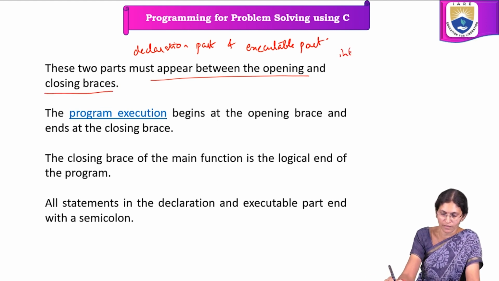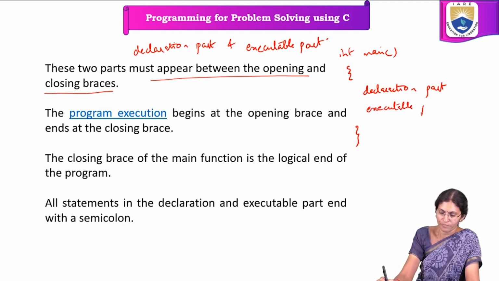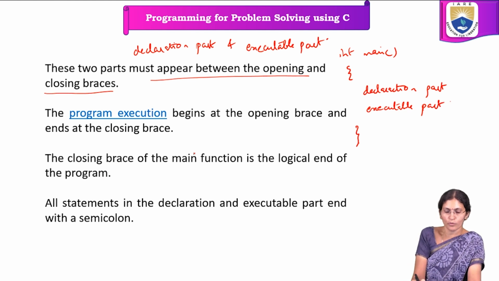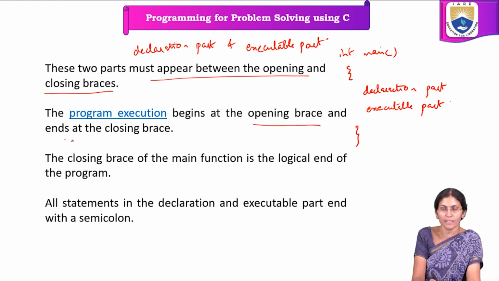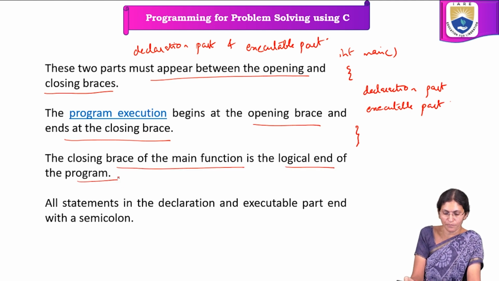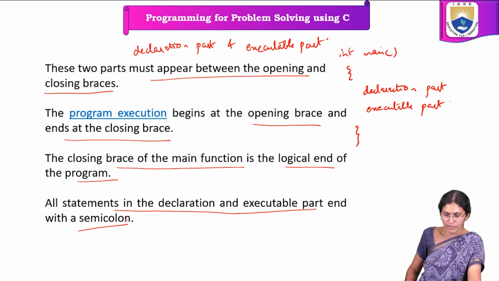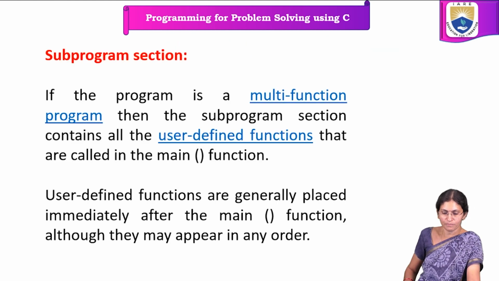We have actually seen this: this is the int main function with opening and closing braces. First comes the declaration part, and then comes the executable part. Program execution begins at the opening brace and ends at the closing brace. So the closing brace of the function is the logical end of the program. All the statements in the executable and declaration part must end with a semicolon. We'll understand this with the help of one example.